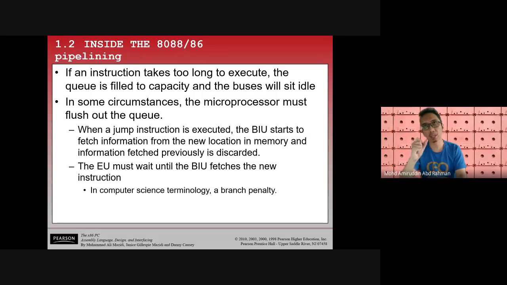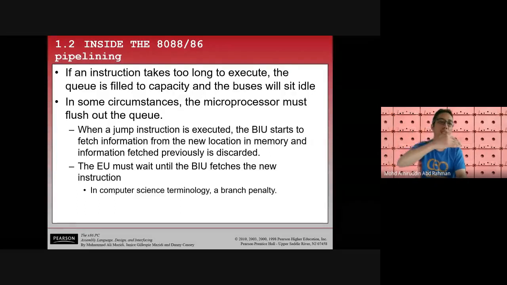The jump instruction means that without having finished the execution, another instruction is executed. Here the BIU starts to fetch the new information from the new location in memory, and the information fetched previously is discarded.